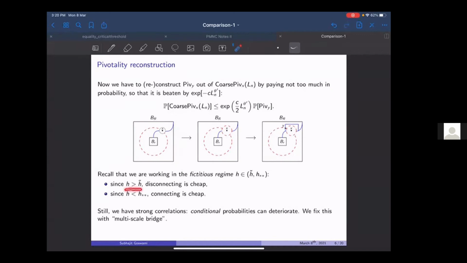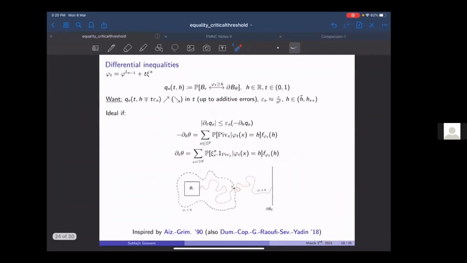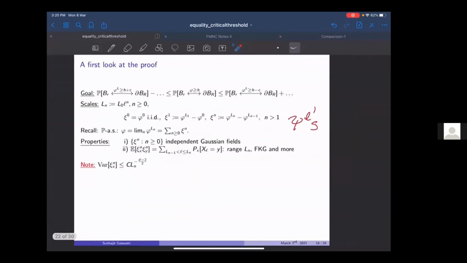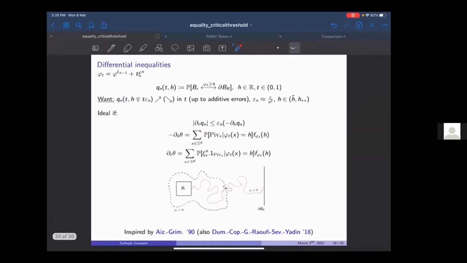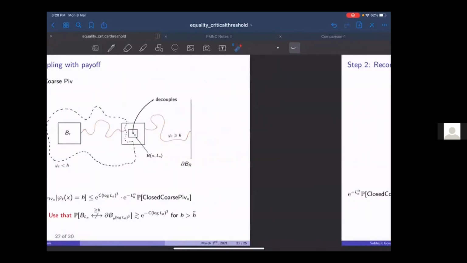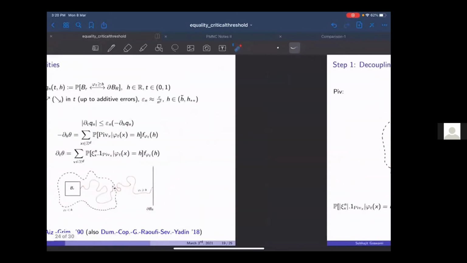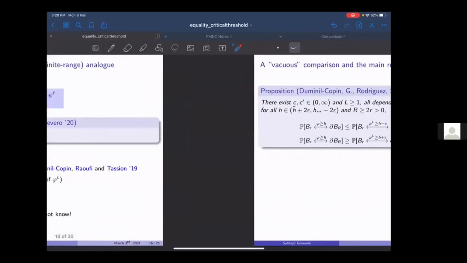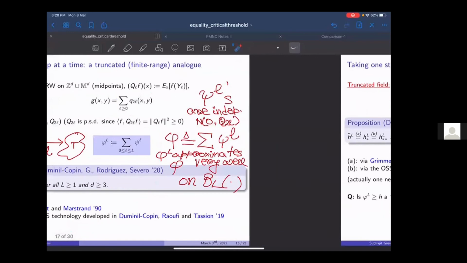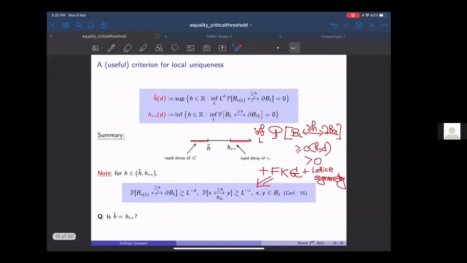Since we are bigger than H tilde, remember we have a disconnection probability. So let's just recall. Recall that you have a polynomial lower bound in disconnecting two regions.